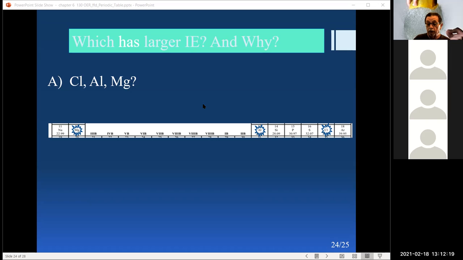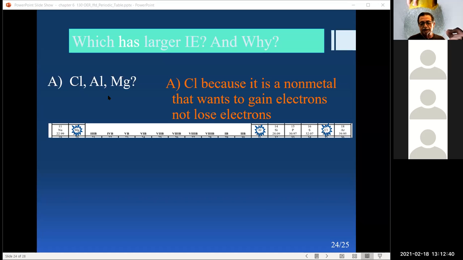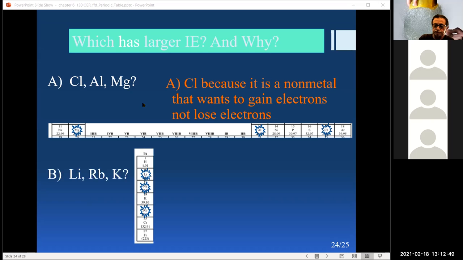Furthermore, even if you didn't know that, you can see that of these three elements, 2 of them are metals and 1 of them, chlorine, is a nonmetal. Just with that fact itself, chlorine would have the greater ionization energy, because a nonmetal holds on to those electrons much tighter. So it would take a lot of energy to remove one.